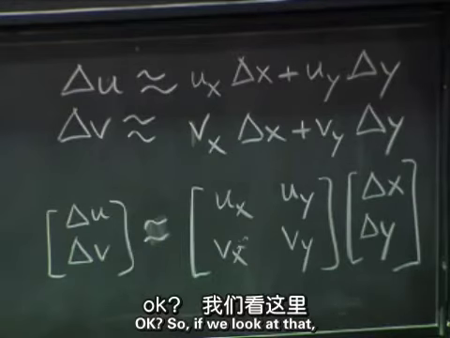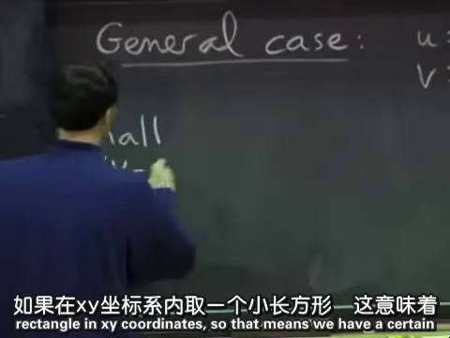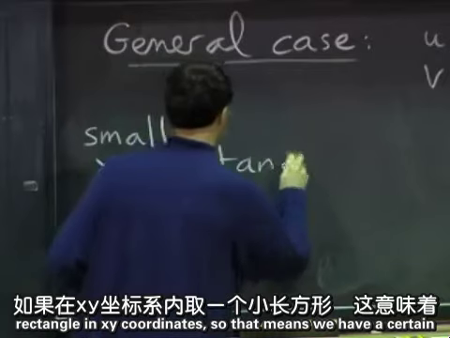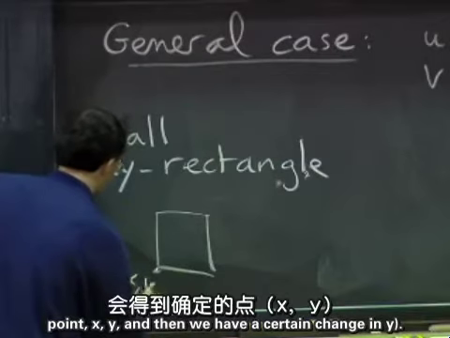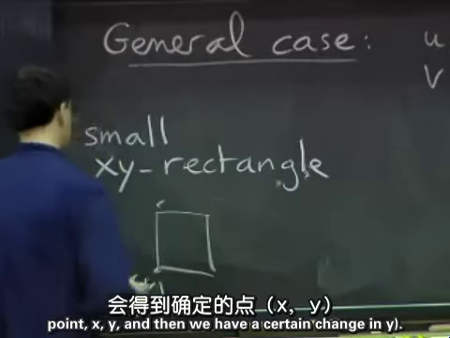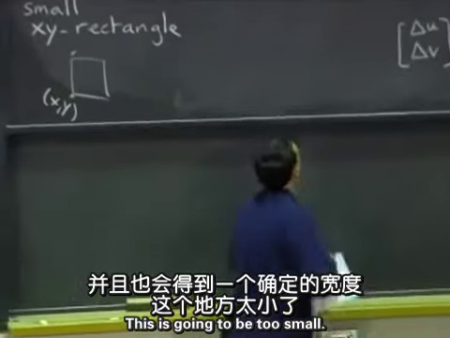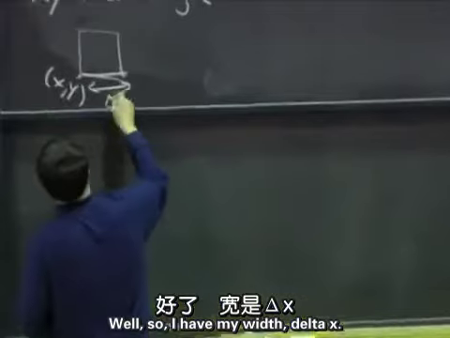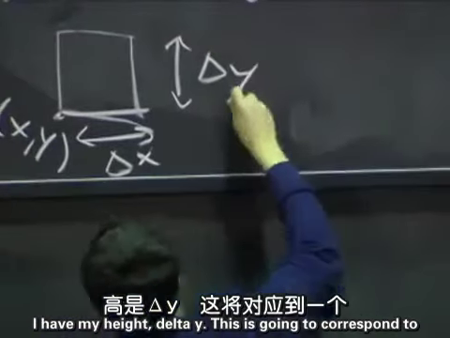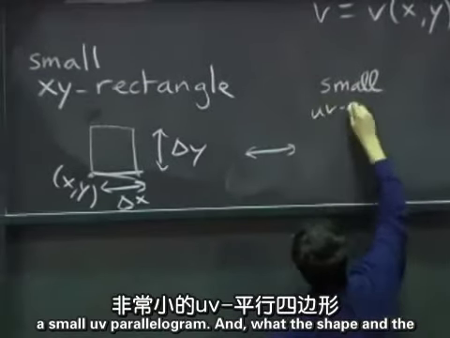So if we look at that, what it tells us is that if we take a small rectangle in xy coordinates, so we have a certain point xy, and then we have a certain width delta x and height delta y, this is going to correspond to a small UV parallelogram.